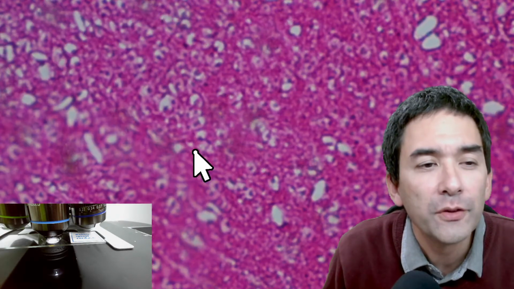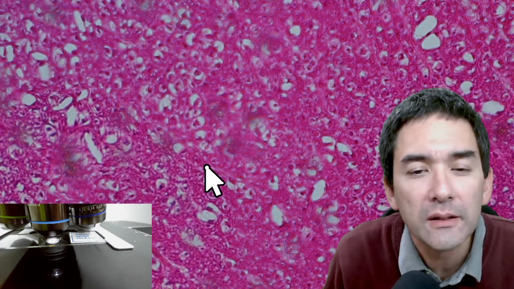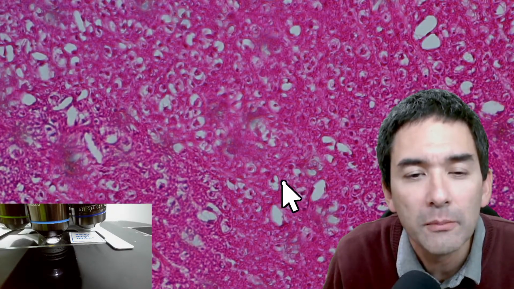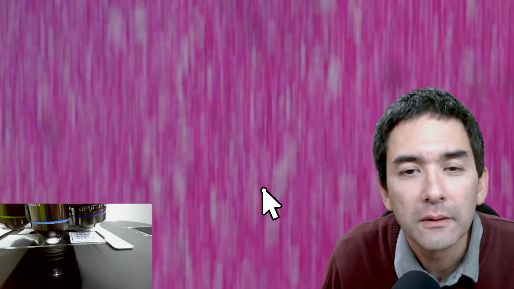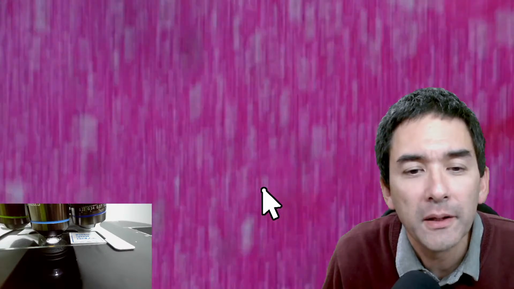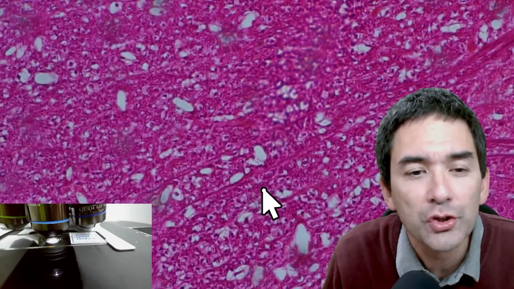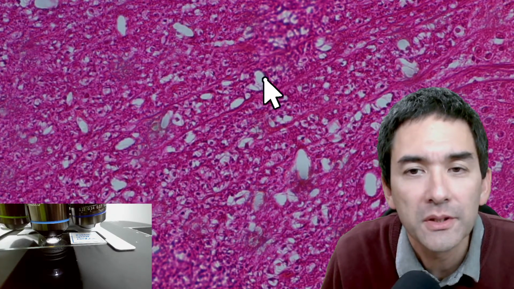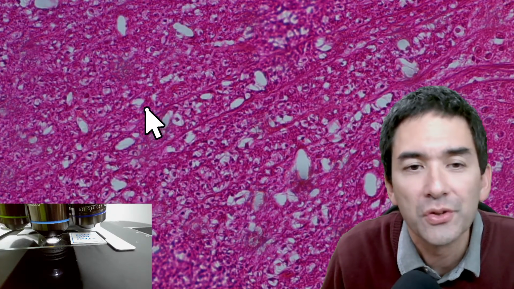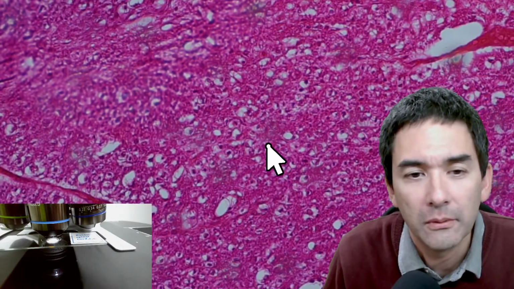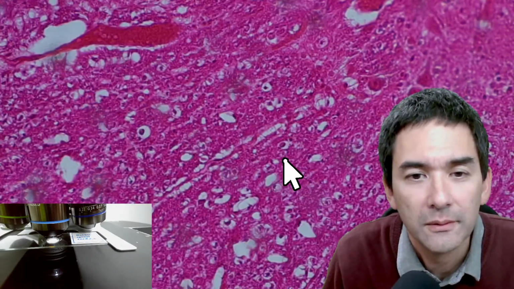For this reason it's difficult to actually see them, because I can imagine many of these things in here might be nuclei. But simply because it's a cross section, could these also be nerve fibers running outwards? But these are all nerve cells here.